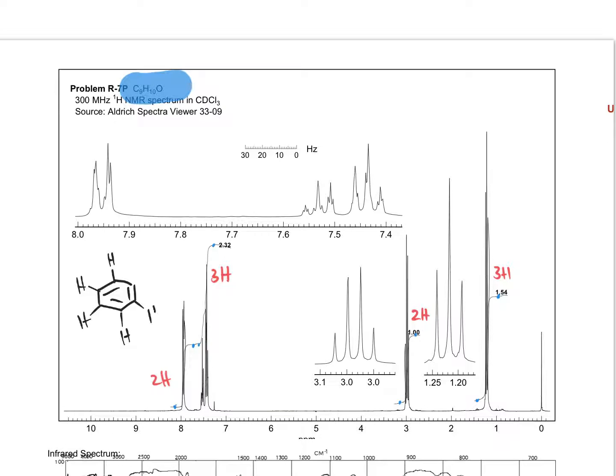And what we know from integration is that we have 5 protons in that region, which 99 times out of 100 will tell you that you have a mono-substituted phenyl ring. So out of 9 carbons and 10 hydrogens and an oxygen, you just assigned 6 carbons and 5 hydrogens.